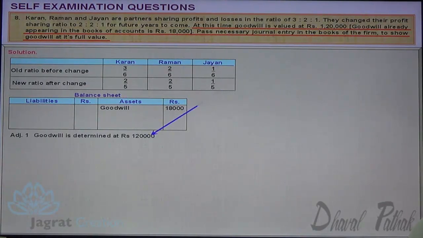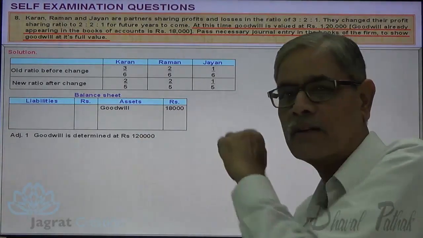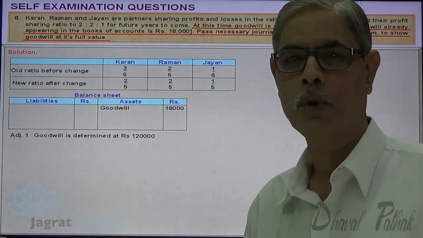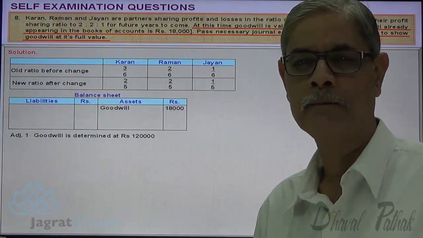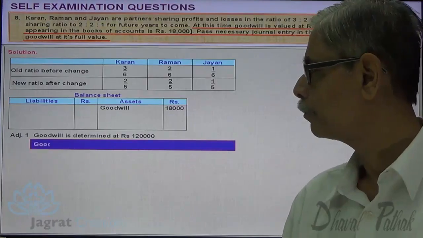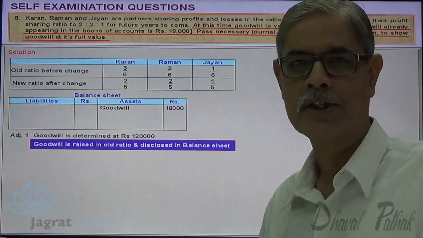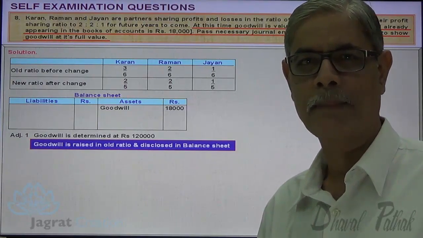Adjustment value given to you is 1,20,000. So 18,000 is the book value, 1,20,000 is the determined value. So there is an increase in value of goodwill. This increase in value of goodwill is to be distributed amongst partners in their old profit sharing ratio. Goodwill is raised in old ratio and disclosed in balance sheet. We shall write out the journal entry and disclose this information in the balance sheet.